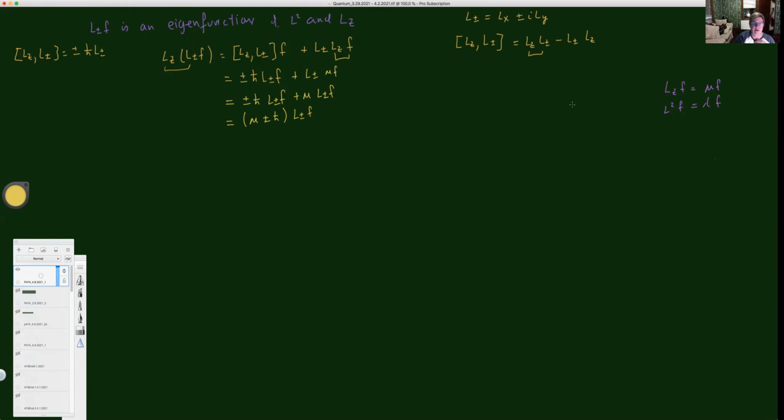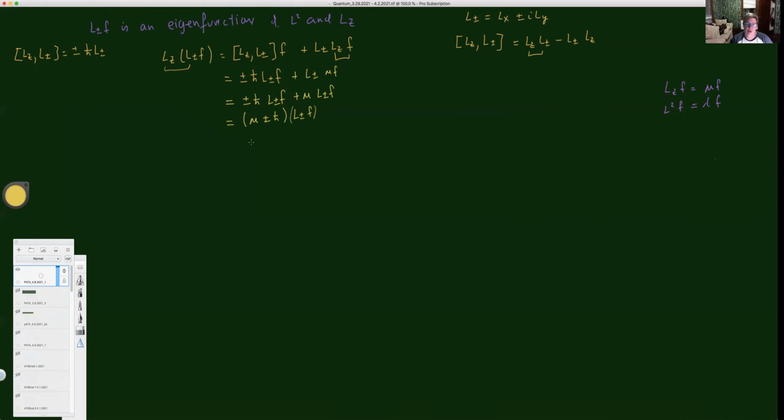So what we see here is that, and I'll put a little brackets around this guy here, you can see that when the L plus minus operator acted on F, it raised the eigenvalue by a factor of H bar. Remember when we did the harmonic oscillator way back when in 302, how we had the raising and lowering operators, those ladder operators, how they raised the energy by a factor of H bar omega when you applied them to psi.